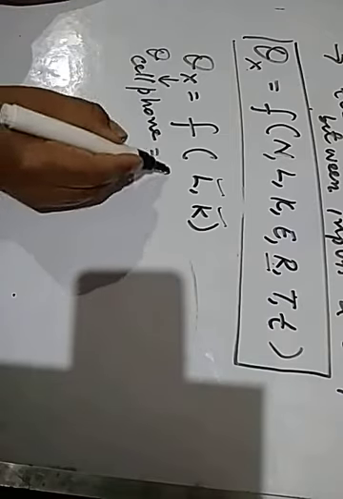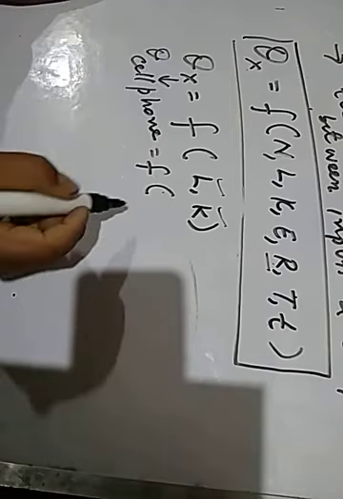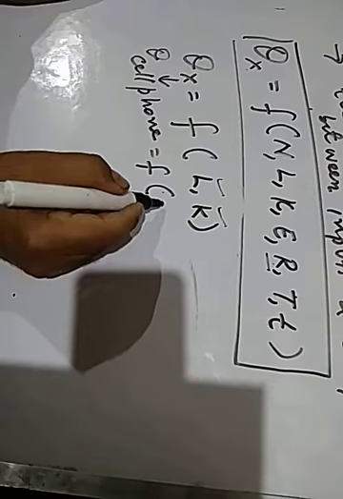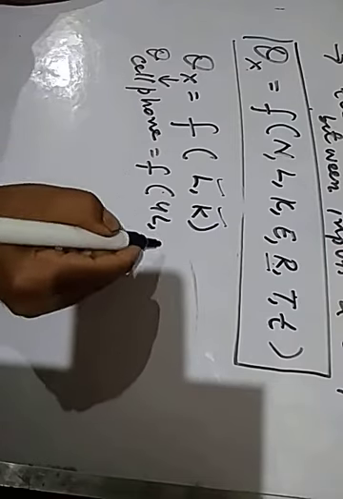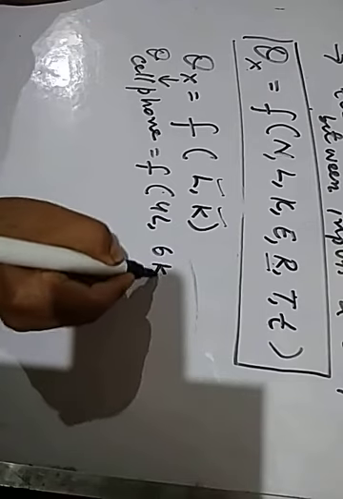And the quantity of this cell phone, Q, where X is a cell phone, it is a function of, for example, to produce 1 unit of cell phone, it needs 4 units of labor and 6 units of capital.